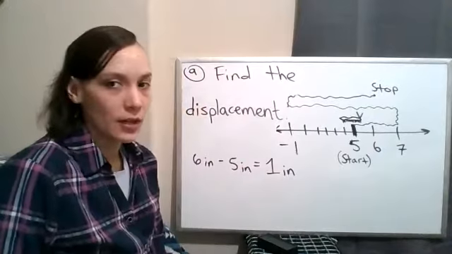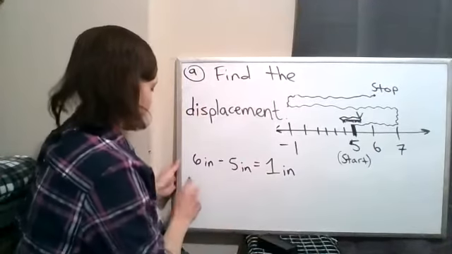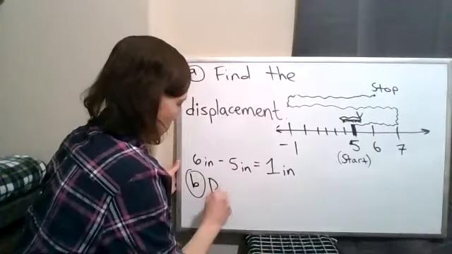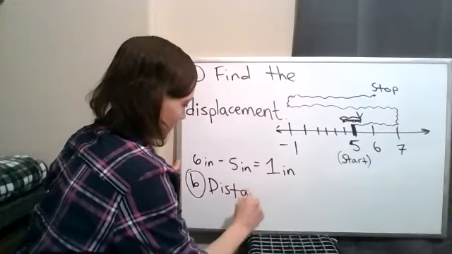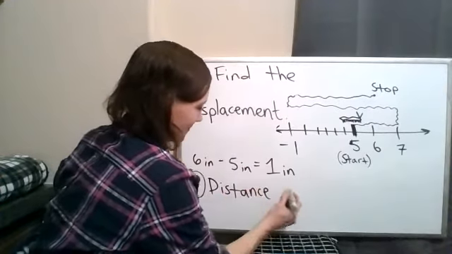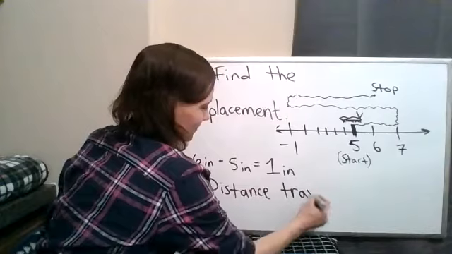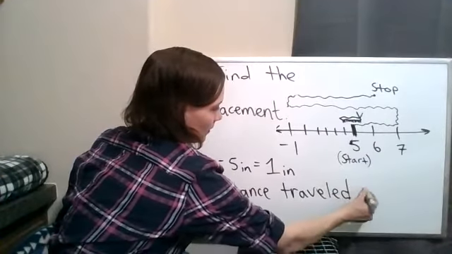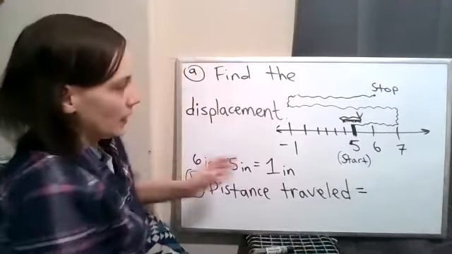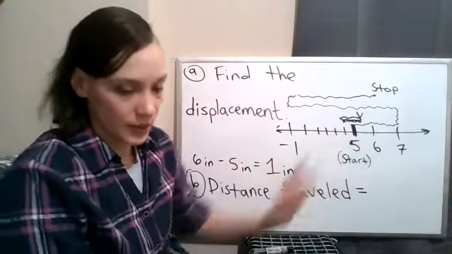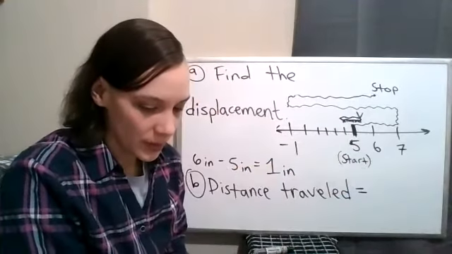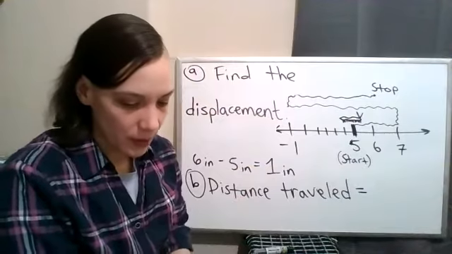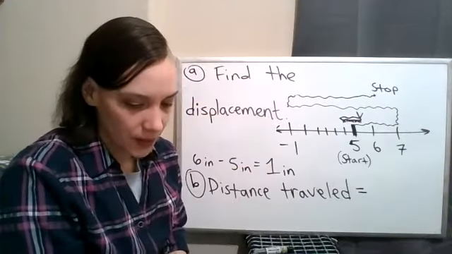Okay, distance traveled. So we're going to add all of those distances you compute by adding the forwards and backwards motions together.